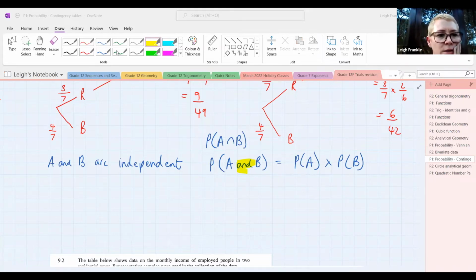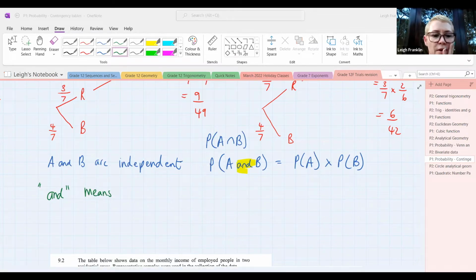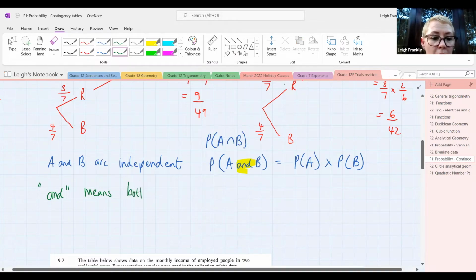What does the word and mean? Yes, together. Both of them. Okay, so it means both at the same time.